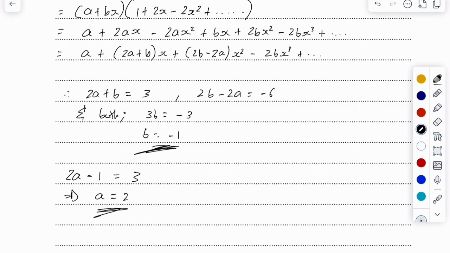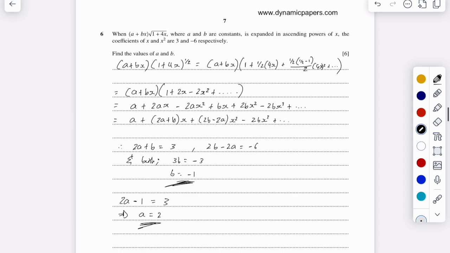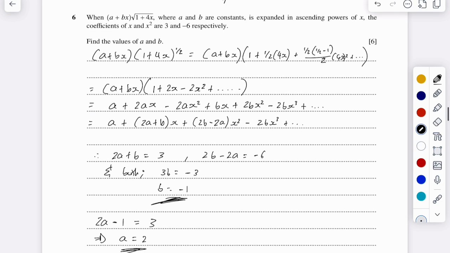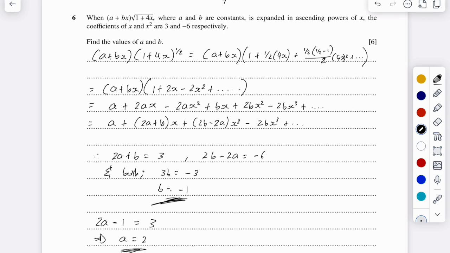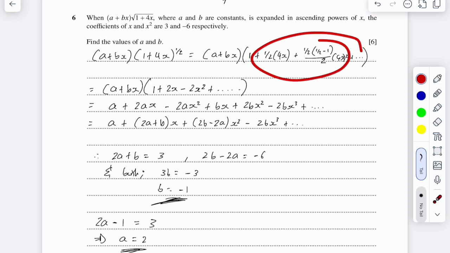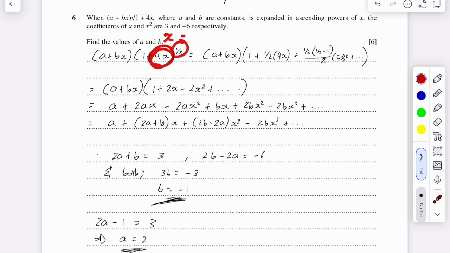So this is just a classic example. It's not too difficult, it's just a bit more time consuming. You just got to refer to the equation in your formula booklet, where we've got (a + bx) times (1 + nx), where nx is our value of x according to the formula.